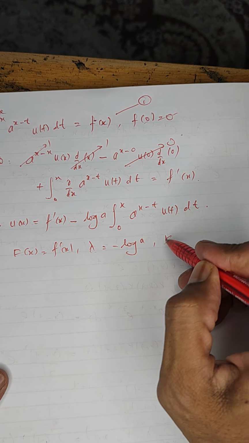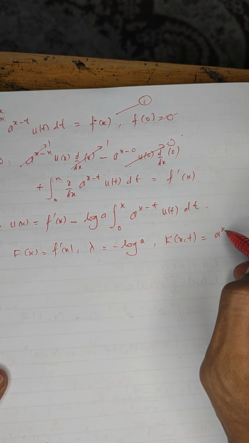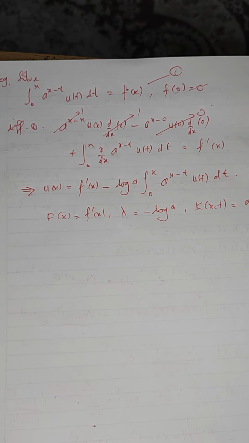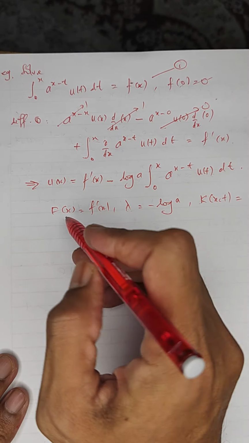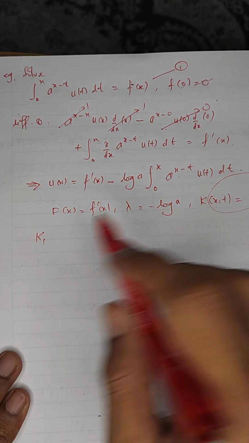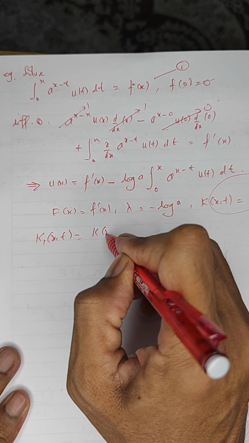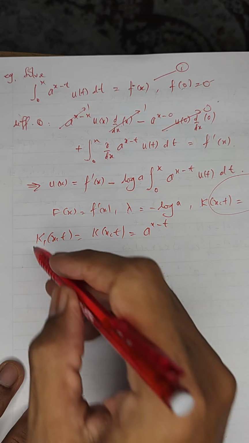Our k(x,t) is a^(x-t). From there you can find what is k1. From this k, you need to find k1(x,t), which is equal to a^(x-t).